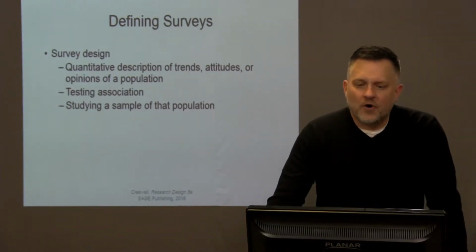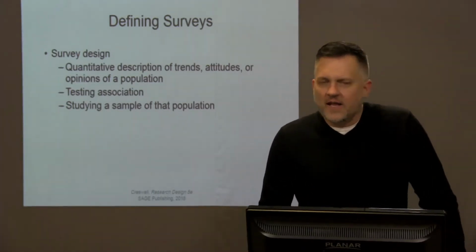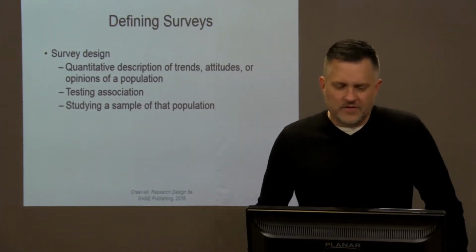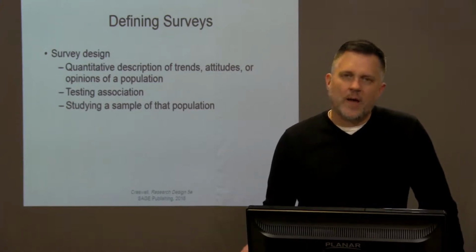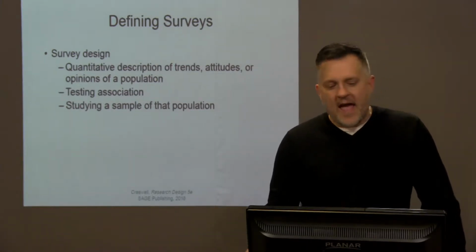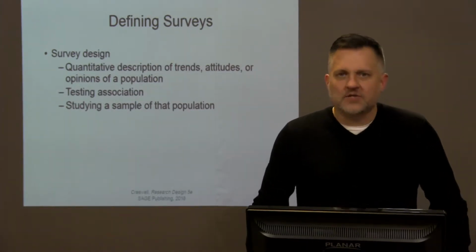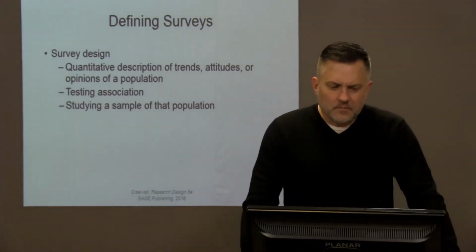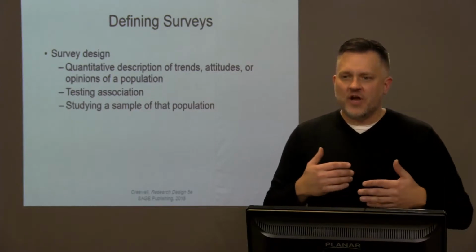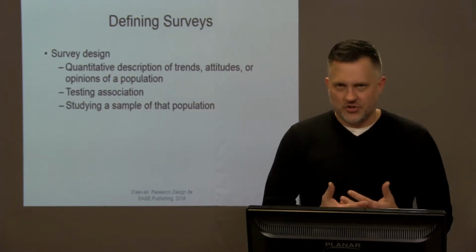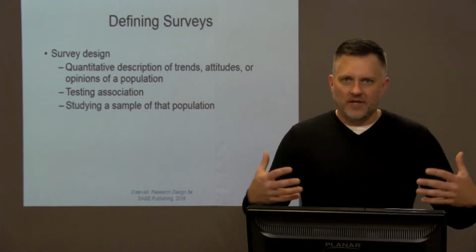So as far as defining what surveys are, it is a quantitative type of survey, and it's usually used to describe some kind of trend, attitudes, or opinions of a population. We're testing for some type of association. Is there a relationship between these two variables?